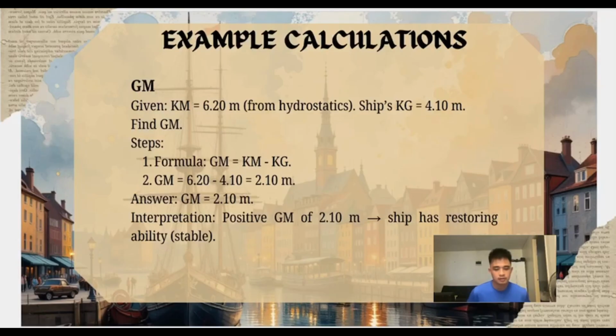So GM is equal to 6.20 minus 4.10, and the answer will be 2.10 m. And the interpretation is a positive GM of 2.10 m. The ship has restoring ability and is stable.